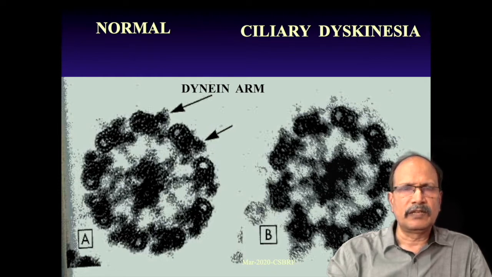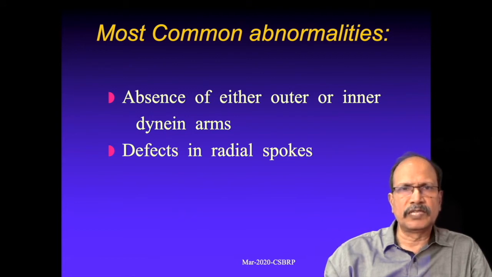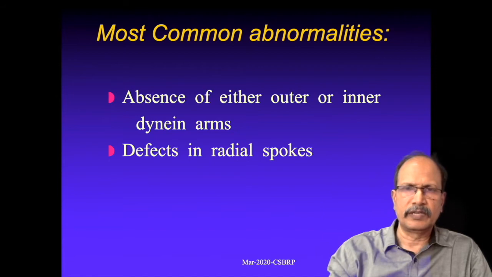Notice the dynein arms represented by black arrows in the normal cilia, and if you look at the same area, outer dynein arms are absent in ciliary dyskinesia. So what is the most common abnormality involving the cilia? Absence of either outer or inner dynein arms or defective radial spokes.